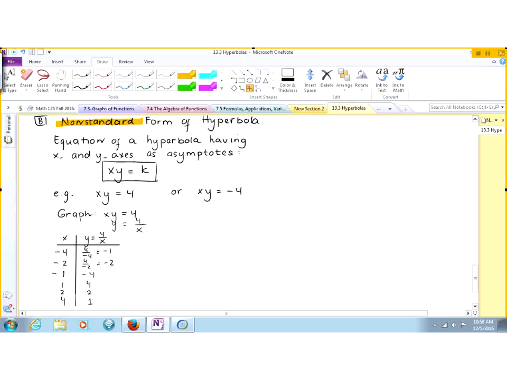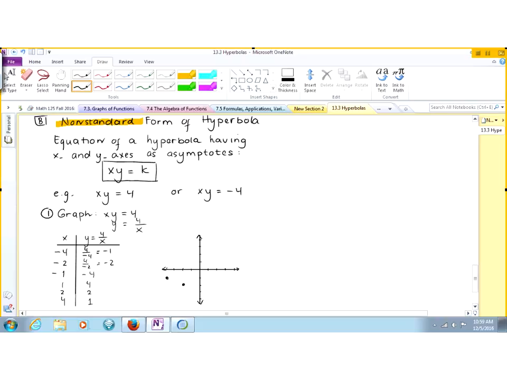Okay, so let's graph it. Here is enough, I think. So 1, 2, 3, 4. 1, 2, 3, 4. Negative 4 comma negative 1 is right here.